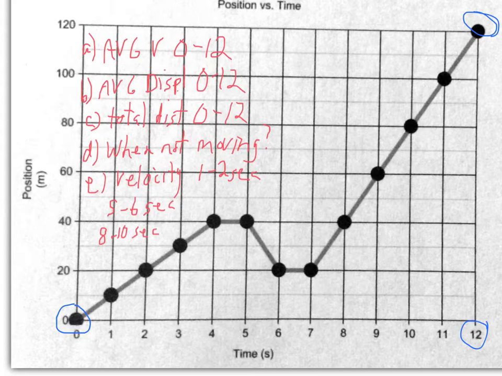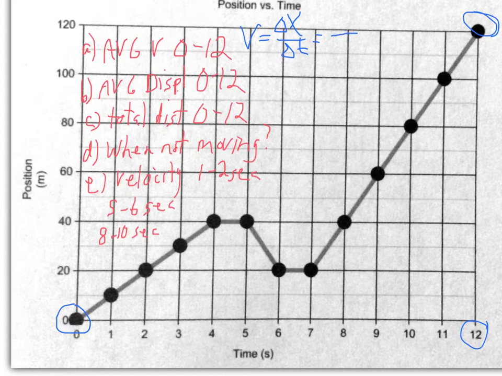So what is the formula for velocity? Well, it's total displacement divided by total time.